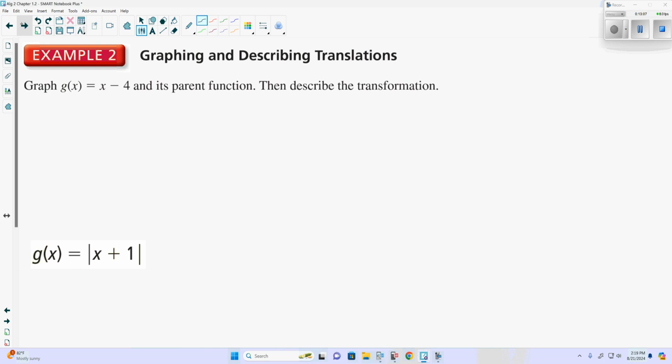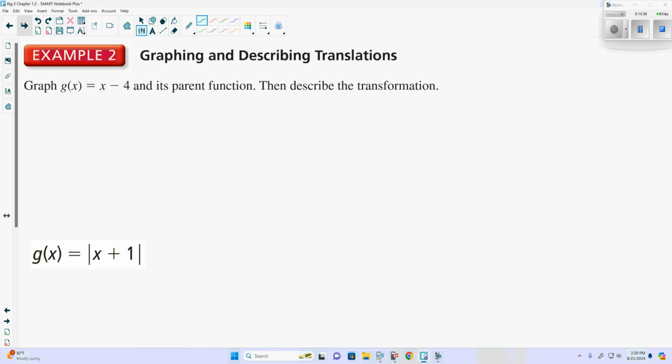Graph g of x equals x minus 4 and its parent function. So if we're looking at this, just the parent function, what would the parent function of x minus 4 be? Because we have four. We have constant, linear, quadratic, or absolute value. Which one of those four do we think it is for x minus 4?